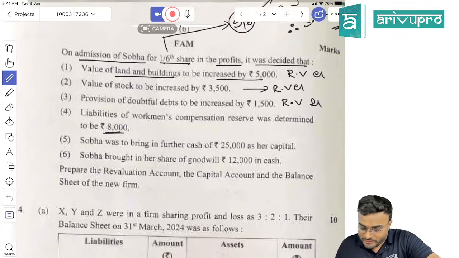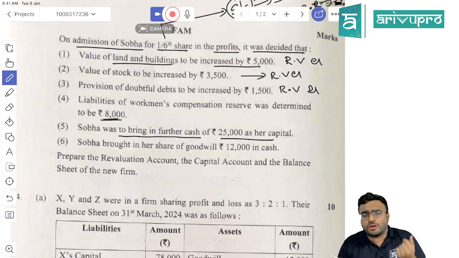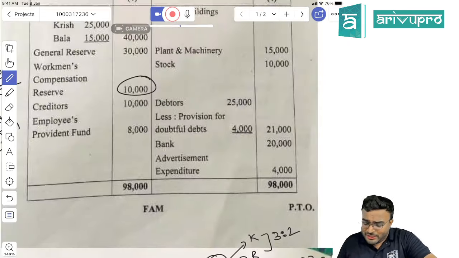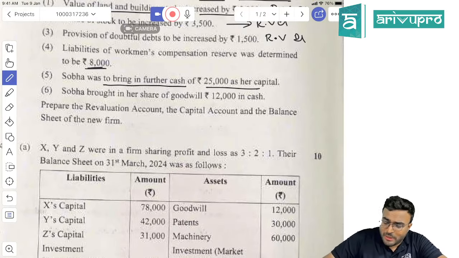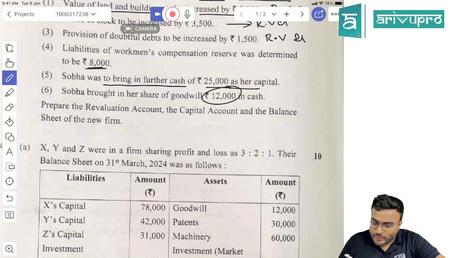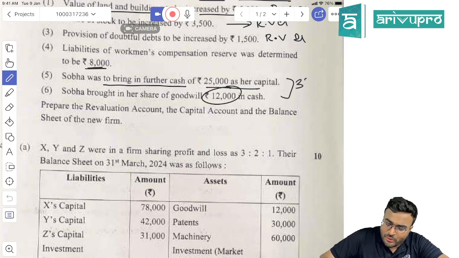Soba was to bring cash of 25,000 as her capital. So bank or cash account debited to Soba's capital account, and she is going to bring 12,000 as goodwill also. So totally 37,000 will be first credited to Soba. Then what are you going to do?